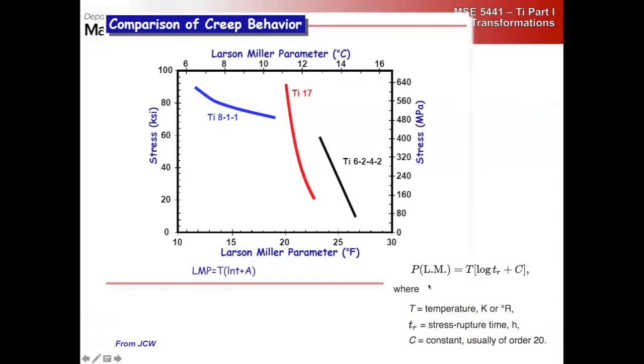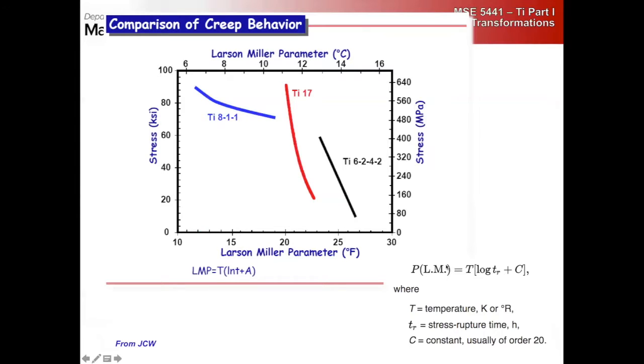So if you look at the time to rupture for a given stress, and then a constant times the temperature, this ends up being a constant, right, for a given stress.